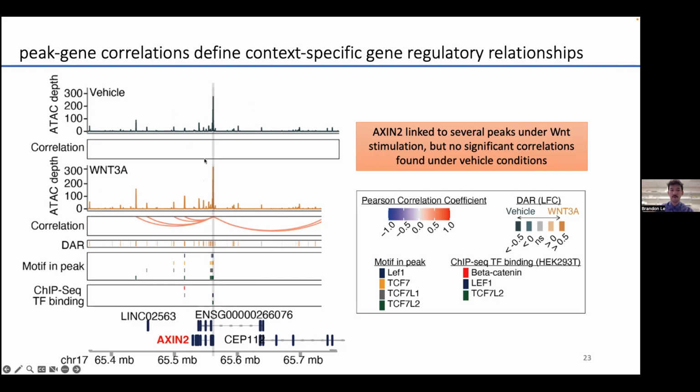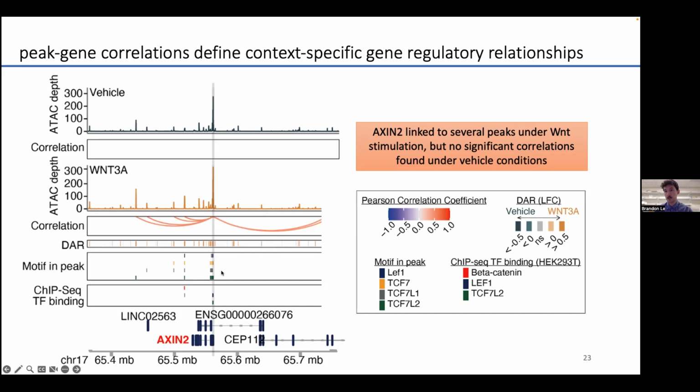So under vehicle, the promoter is not correlated with accessibility nearby, but under Wnt3a stimulation, this promoter becomes strongly correlated with multiple chromatin regions in this area. So this shows that we can uncover new gene regulatory relationships under stimulated states that you would miss otherwise at baseline.